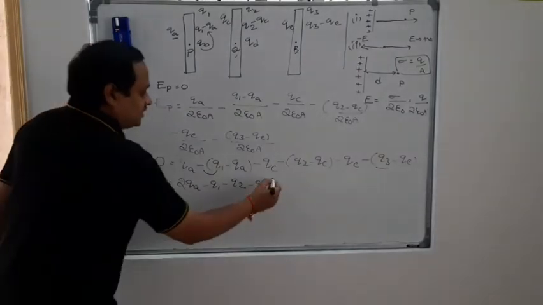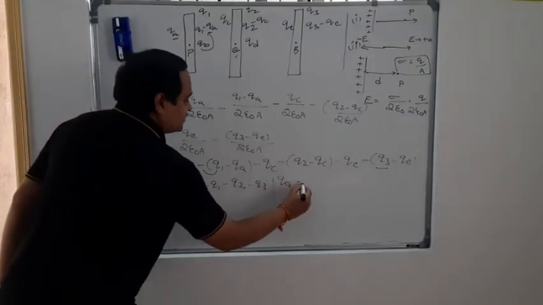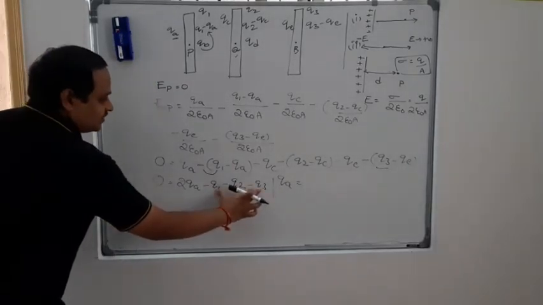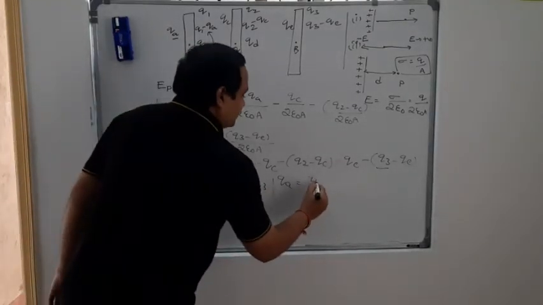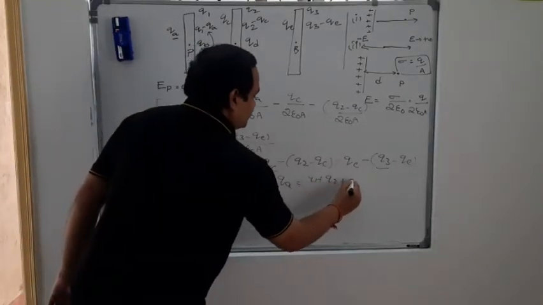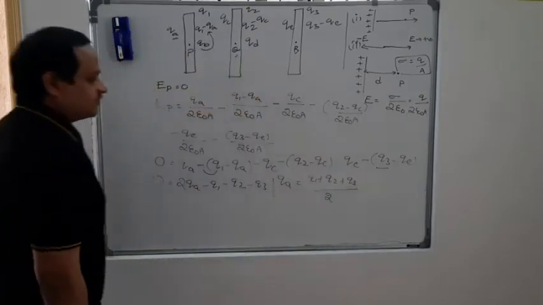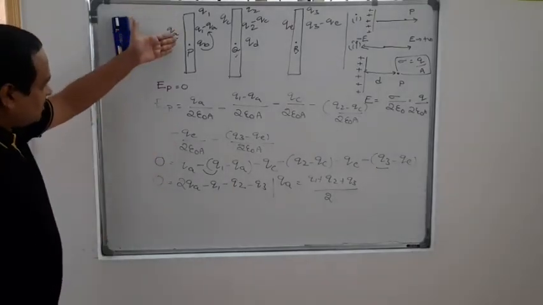Now let us write what might be QA. That is QA is equal to, I am sending this minus Q1 plus Q2 plus Q3 to this side, it becomes Q1 plus Q2 plus Q3 divided by 2. So this is the charge that is distributed on this plate.